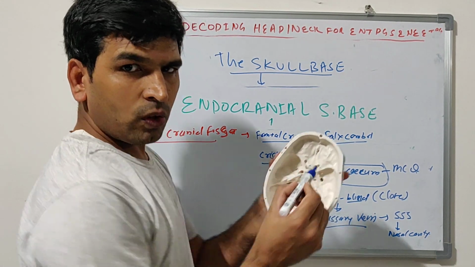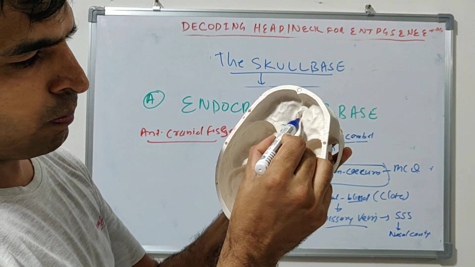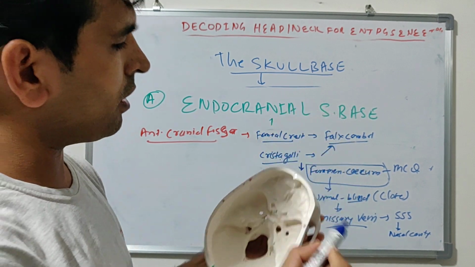Around this crista galli you see this fenestrated pit in the ethmoid bone.